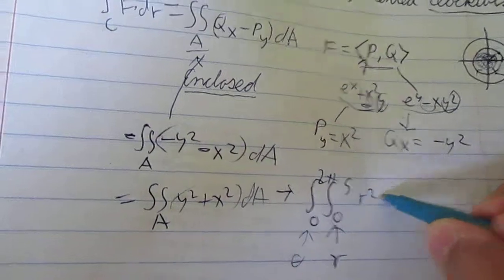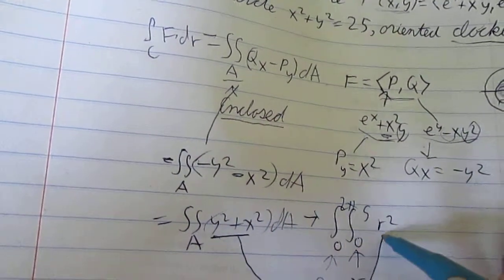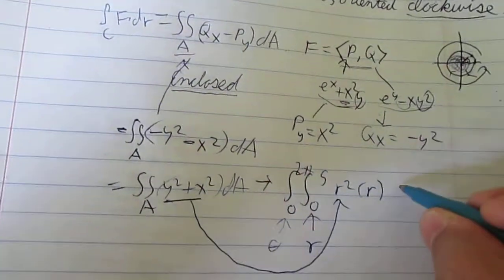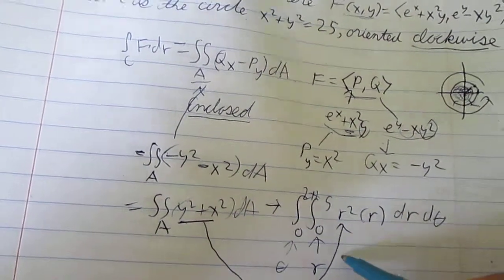Now what is y squared plus x squared? Well, that is just r squared. And now we have to take into account the Jacobian, which is another factor of r, dr d theta. Alright, what is this equal to?